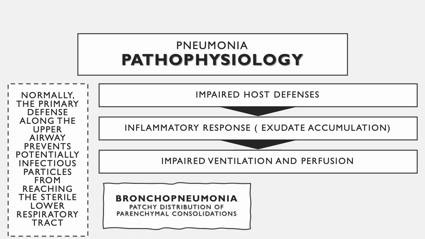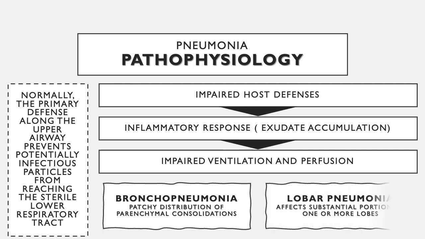Okay? Now, you have bronchopneumonia. If upon X-ray, you can see that there is patchy distribution of parenchymal consolidations. Or it could also be lobar pneumonia, okay, that only affects a substantial portion of one or more lobes.